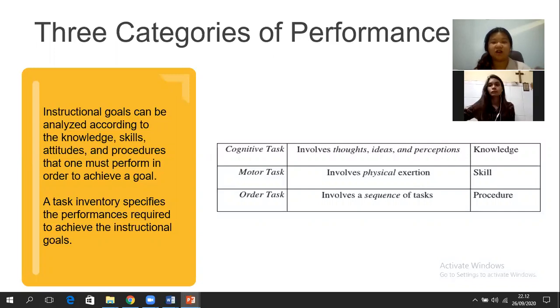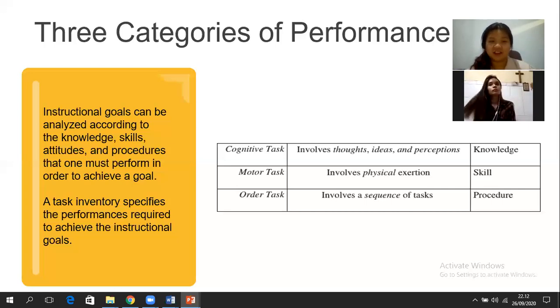So this is knowledge. And then the motor task. A motor task is a physical exertion. It's a skill that the students have, like maybe singing or something. Basically, a motor task needs skills.